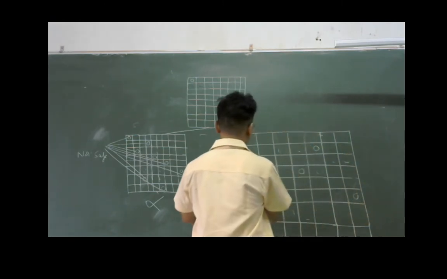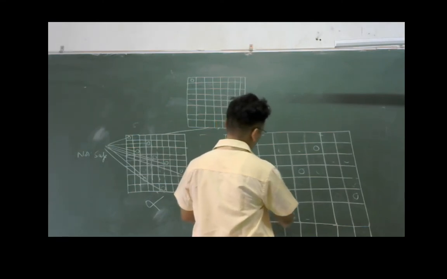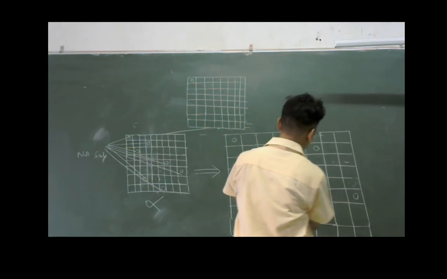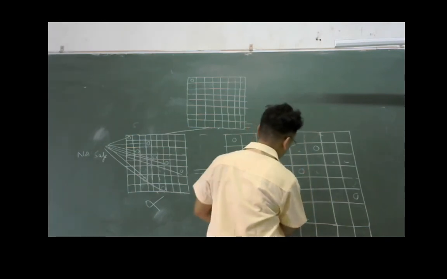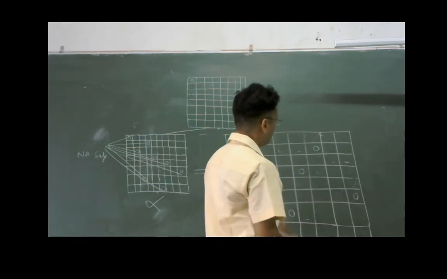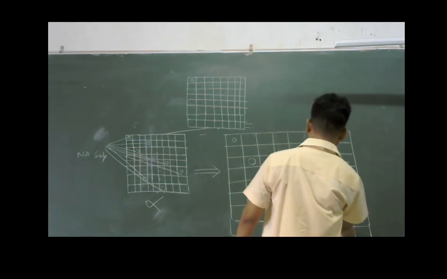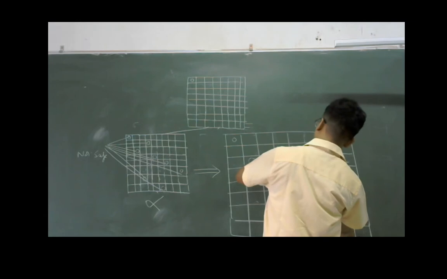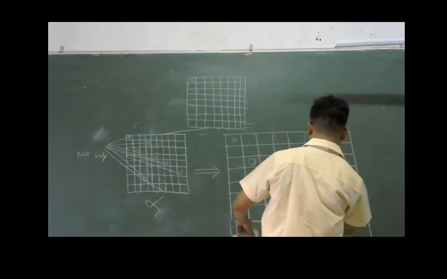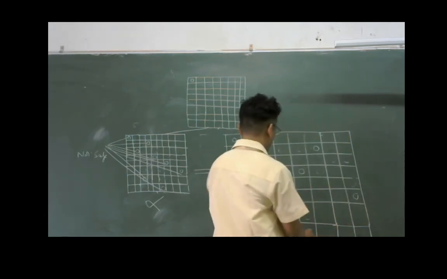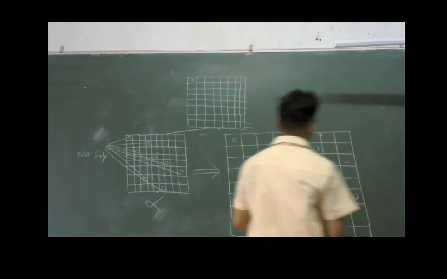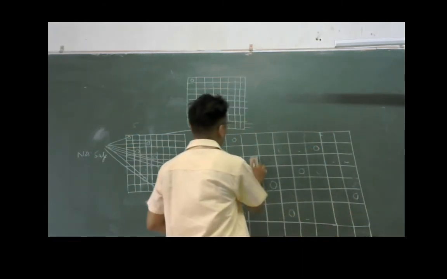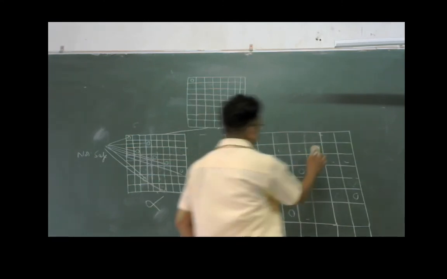After this, maybe 1, 2. Finally, at this position, so this is not a possible solution. I am just drawing the solution for that.